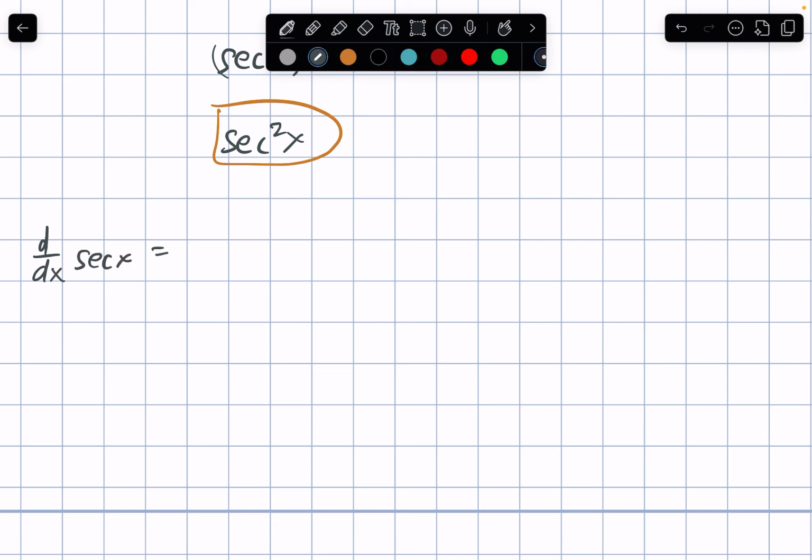What about the derivative of secant x? Before deriving, we can rewrite secant x as 1 over cosine x. And then, from there, we can apply the quotient rule. Actually, let's try the power rule if that's applicable. Let's see. I just want to know.